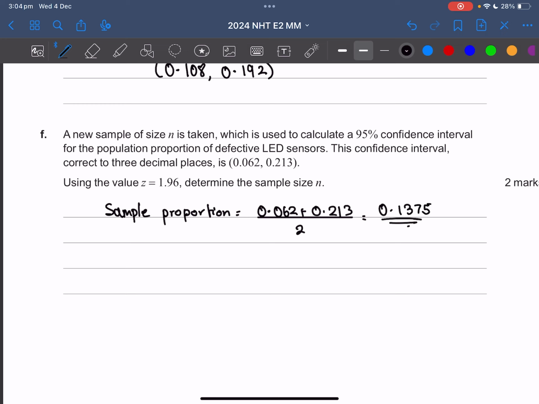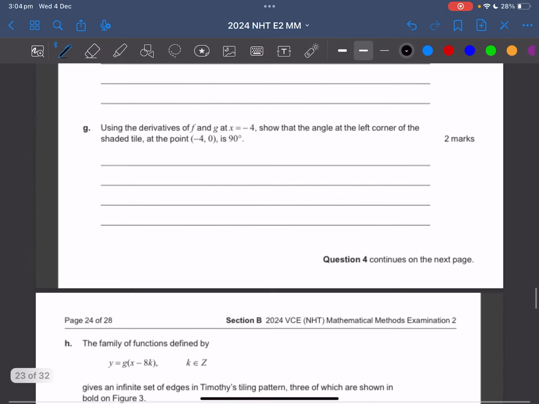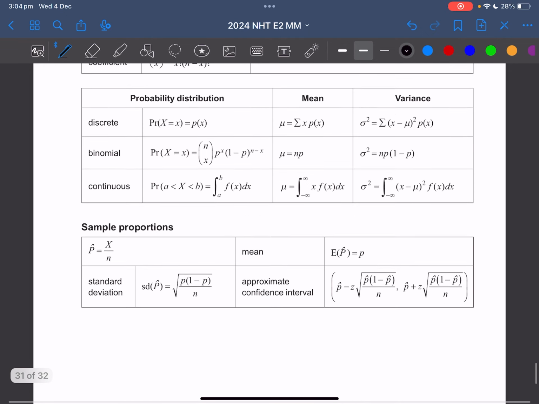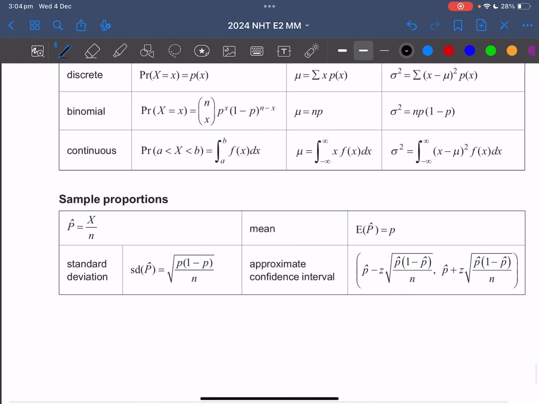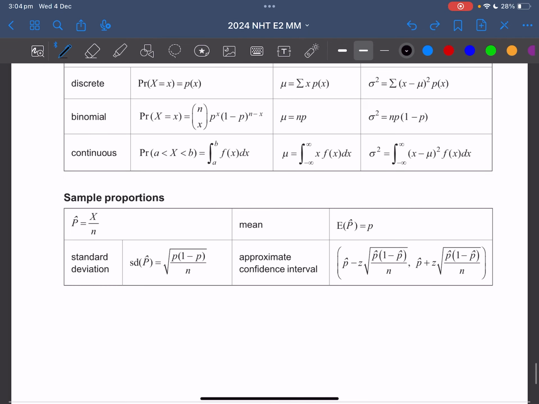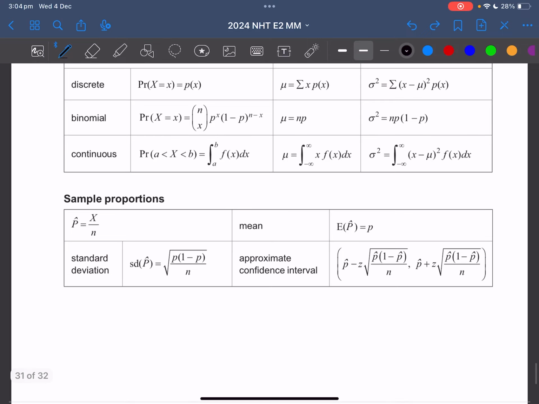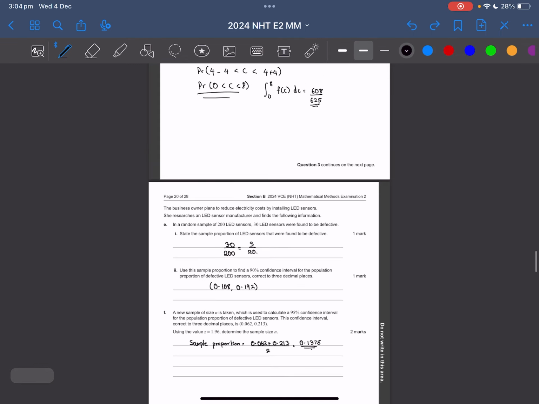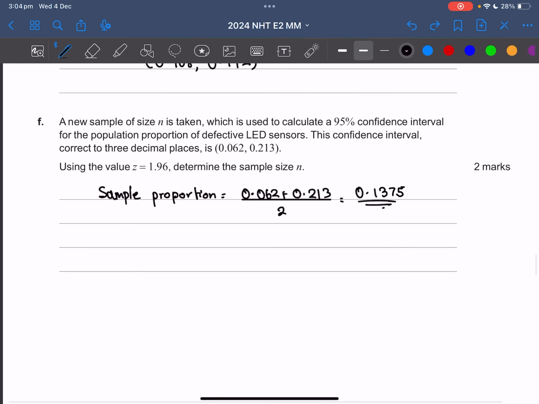So this is your new sample proportion, and now we just have to use that to find the value of n. What is the formula of the confidence interval? Let me quickly check that. Okay, so it's just that: p hat take away z times the square root of p hat times 1 minus p hat divided by n.